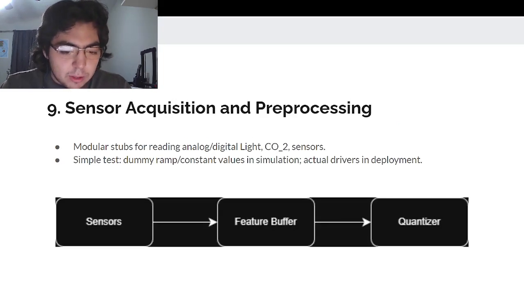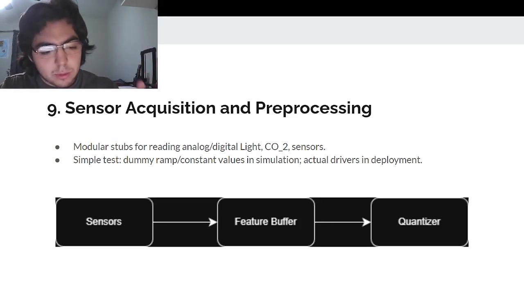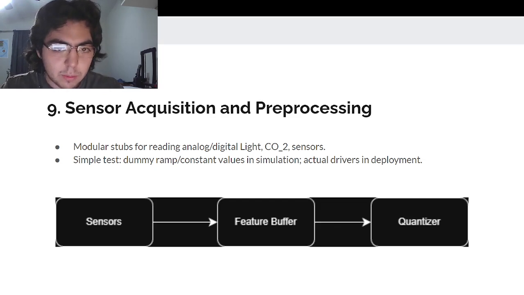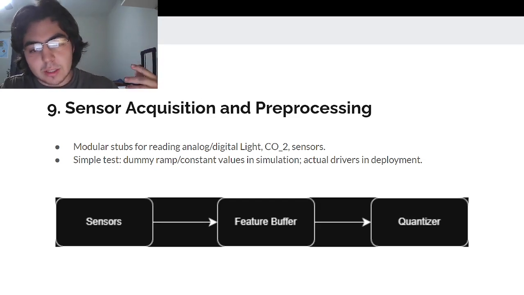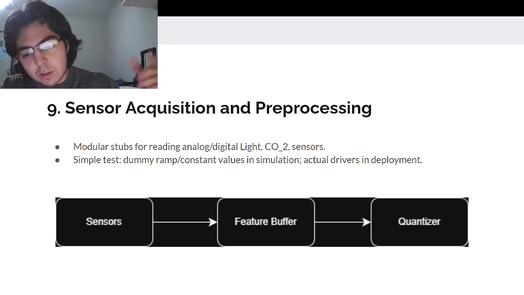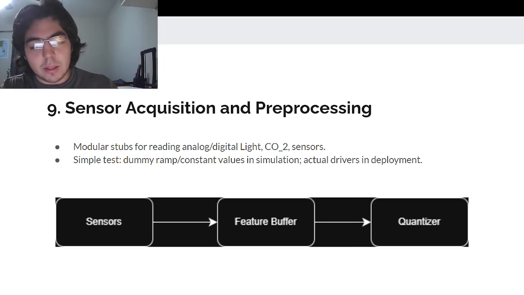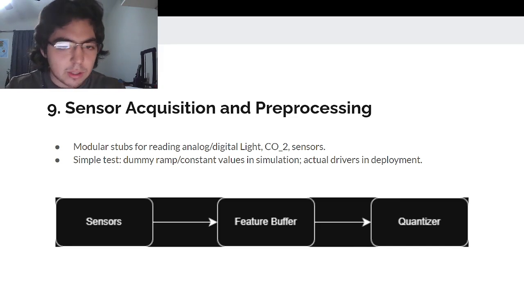So the way we're going to be using this, in actual deployment, the idea would be to hook up two sensors to the 8051, one for CO2 detection and one for light detection. If there's a lot of light in a room, that means there's probably somebody there, coupled with a lot of CO2 in the air. That means there's probably somebody in there breathing, exhaling a lot of CO2 and using light.